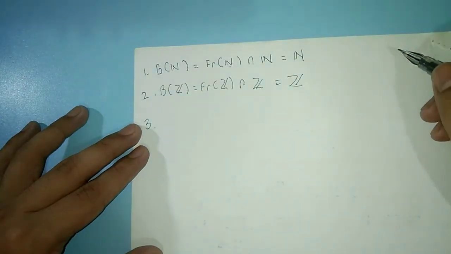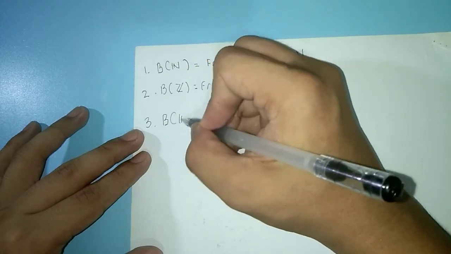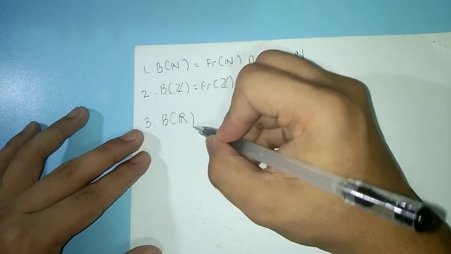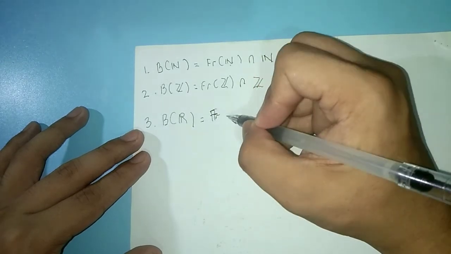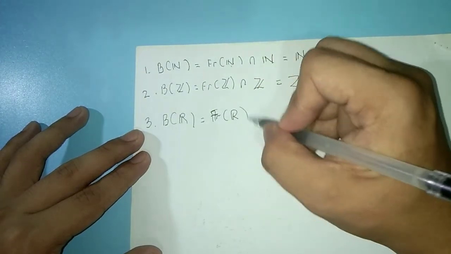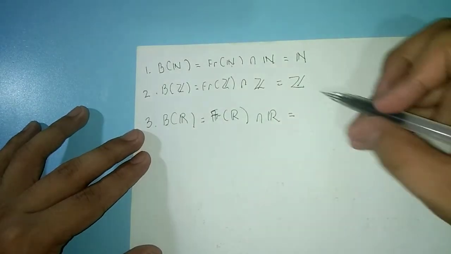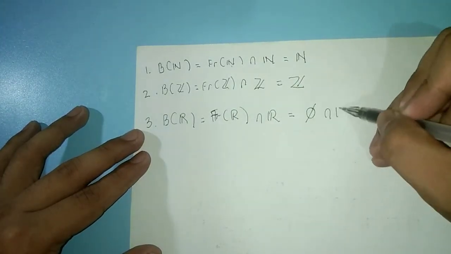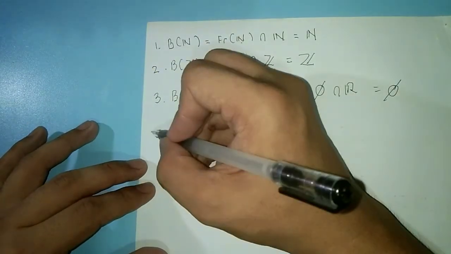Next, doon naman tayo sa boundary ng set of real numbers. So that is frontier ng set of real numbers, intersection set of real numbers, and ano yung frontier niya? That is empty set intersection R, and that is empty set. Okay?